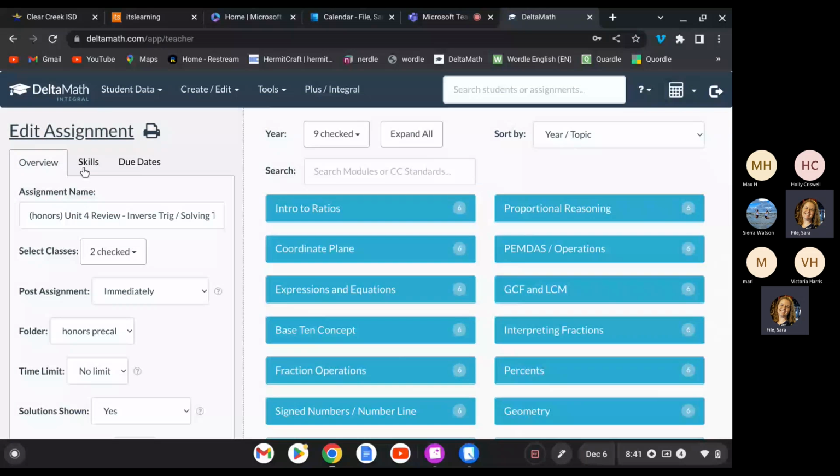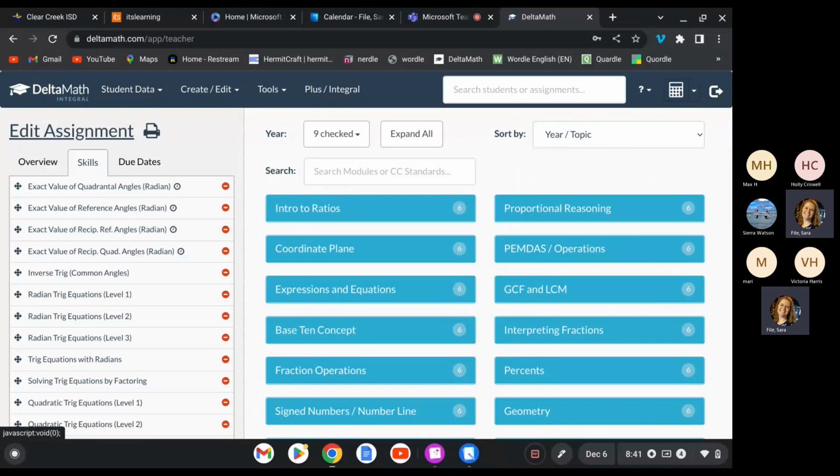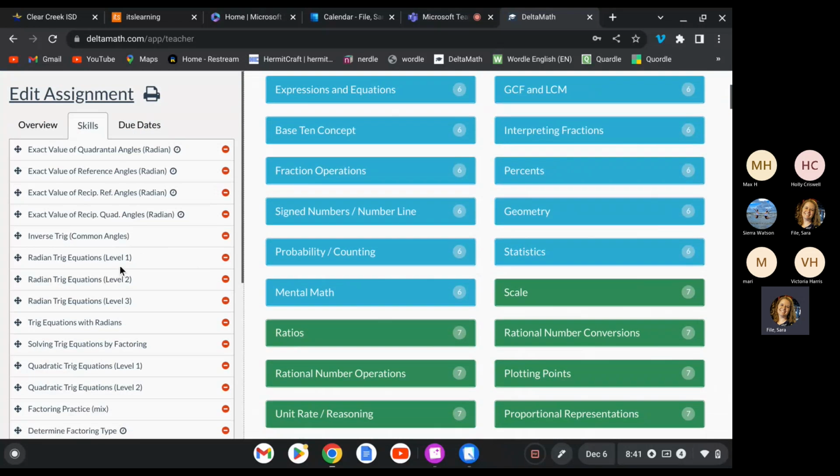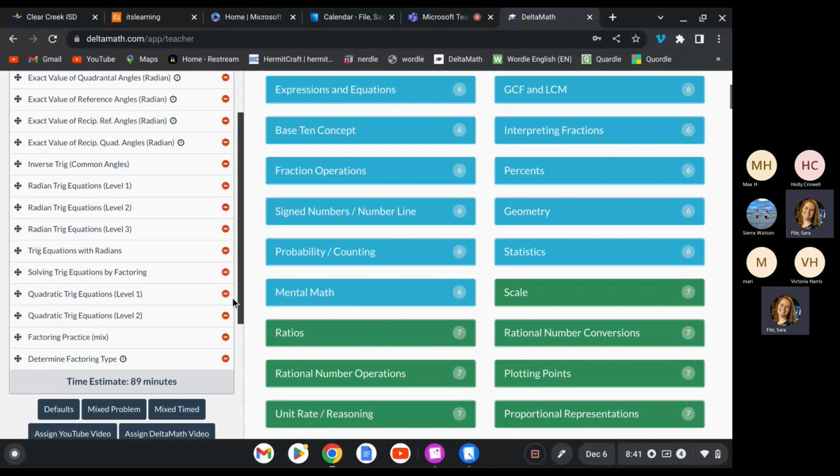So the types of questions that were being asked, I didn't realize this when I was putting them in here, but some of the higher level ones, I think it's with the quadratic ones.